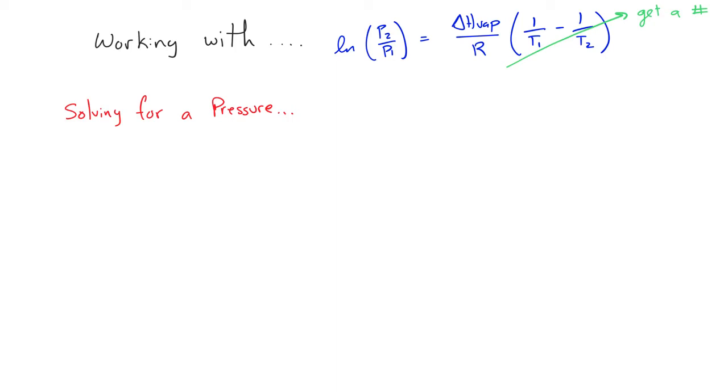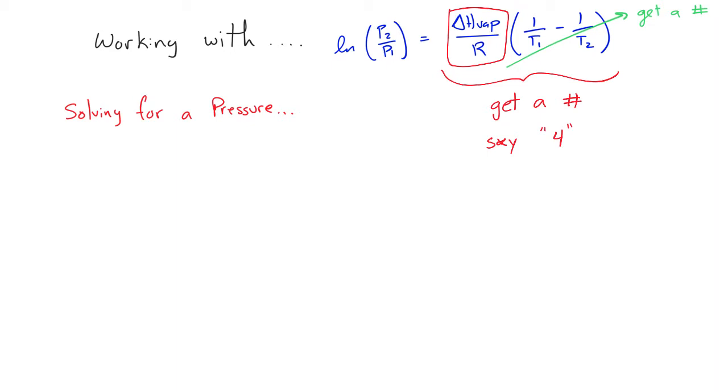If you're being asked to solve for a pressure, then it usually means that your delta H and your R will already be known. So using all of these numbers, it's possible to solve all of this for just one number. And so we'll say that number is 4.